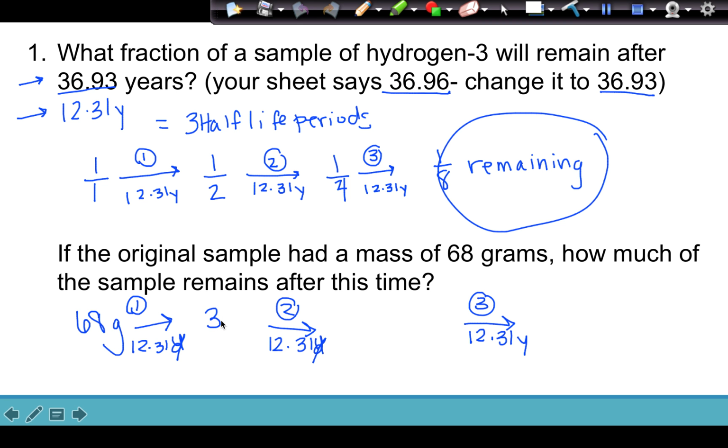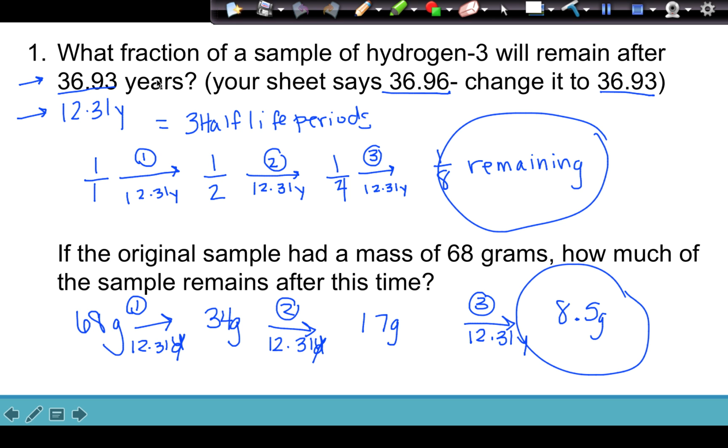So we're going to go to 34 grams after the first one. We're going to go to 17 grams after the second one. And we will go to 8.5 grams remaining at the end of the third half-life.